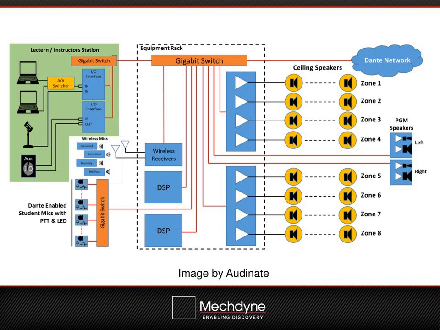But here's a picture by Audinate and what that might look like. Again, you can see some network interfaces there, that audio that runs right into the network. The wireless microphone receivers, so you have wireless mics, but the receivers only have network outputs, so you can connect those right to a Dante network. Your digital signal processing is all network-based. Even the microphones that you might set on your table or the ceiling microphones, you can buy those now to have just a network output.